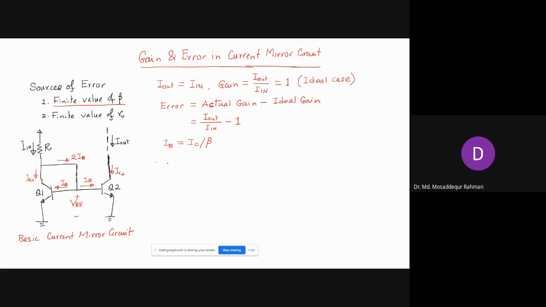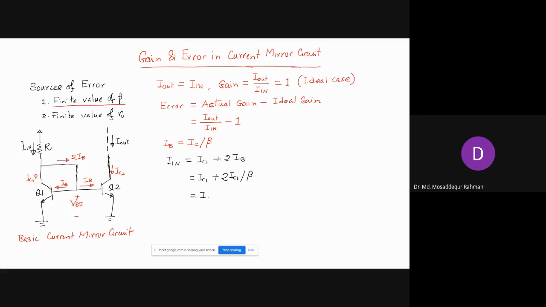So let's try to find out what the error will be because of that. We can write now that the input current will be equal to IC1 plus 2IB, right? Now IB is IC by beta, so this one we can easily write as IC1 plus 2 times IC1 by beta.